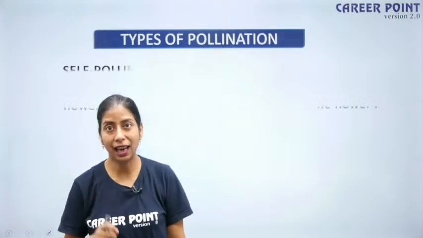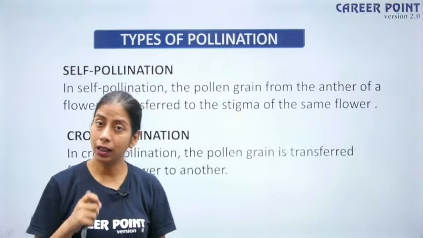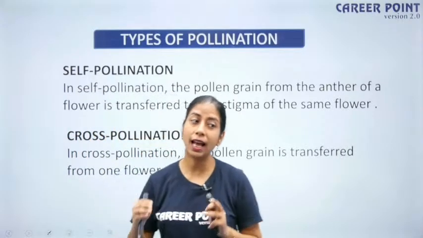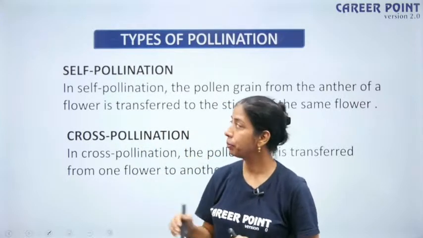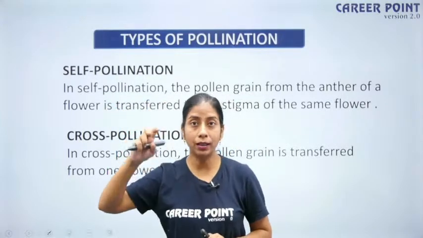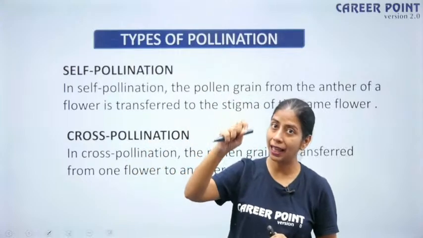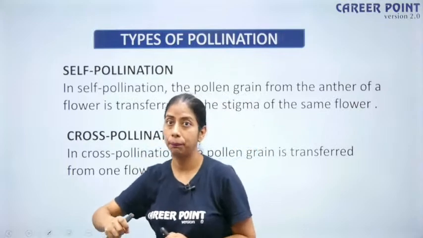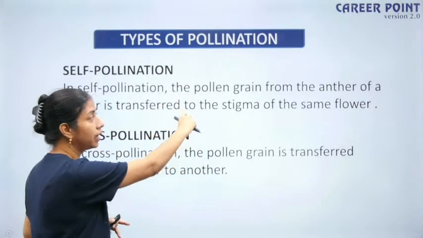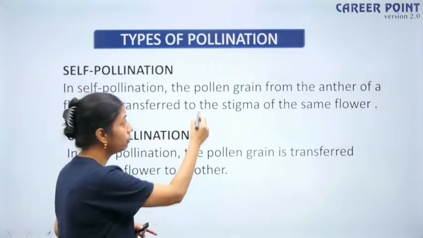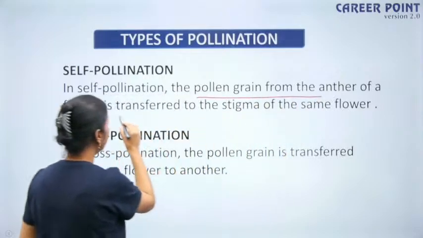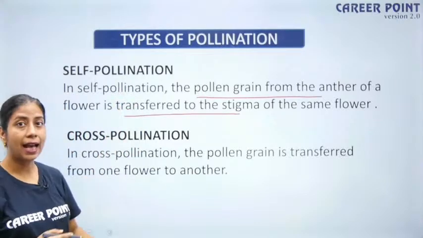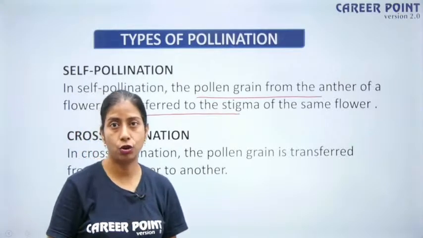One is self-pollination and the other is क्रॉस पॉलिनेशन. अब सेल्फ पॉलिनेशन क्या है, क्रॉस पॉलिनेशन क्या है? If the pollen grains are moving from the anther of the same flower to the carpel of the same flower, अगर सेम फ्लावर के अंदर ही ट्रांसफर हो रहा है, so if the pollen grains from the anther is transferred to the stigma of the same flower, then we call it as self pollination.